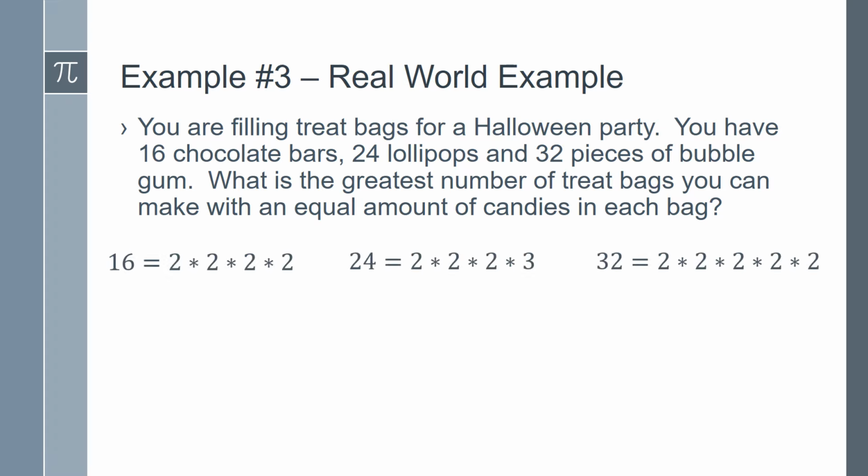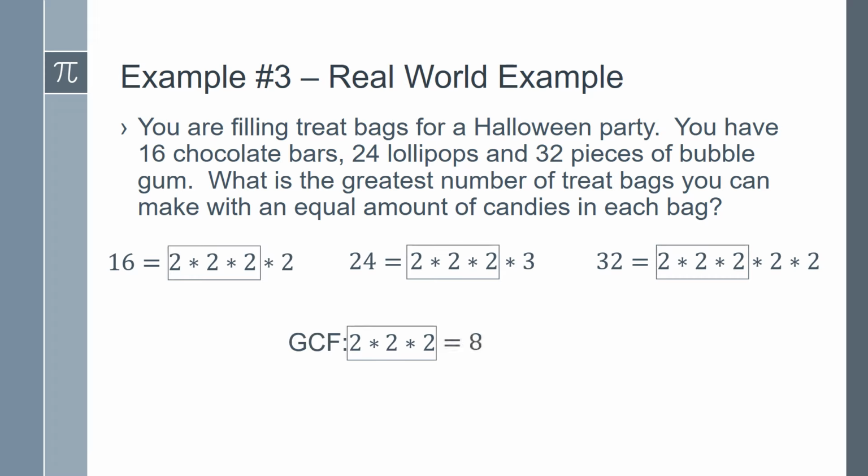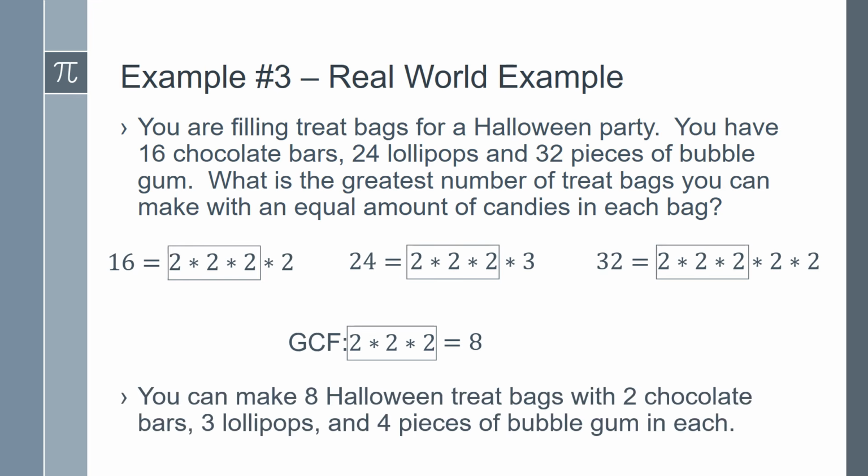Write down each of the prime factorizations and circle or put a box around the common pieces. In this case, they all contain 2 times 2 times 2. So we know that the GCF will be 2 times 2 times 2, or 8. So you can make 8 Halloween treat bags with 2 chocolate bars, 3 lollipops, and 4 pieces of bubble gum in each.